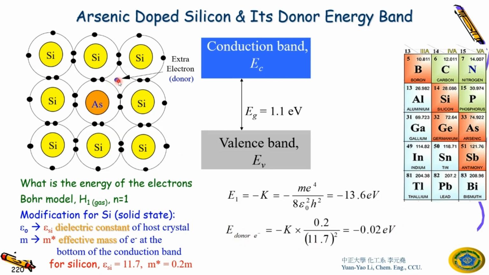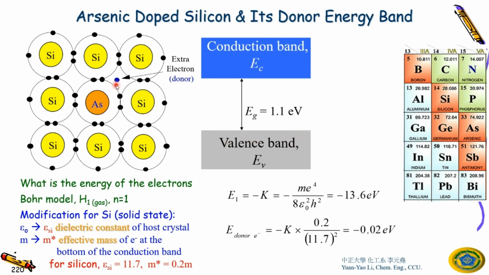the energy for this electron is about minus 0.02 electron volt. Wow, compared to minus 13.6 electron volt, this electron only got minus 0.02 electron volt. That means what? All of the electrons here will sit in the valence band.